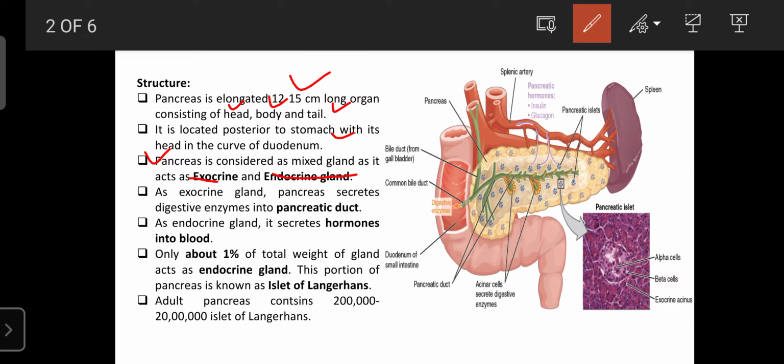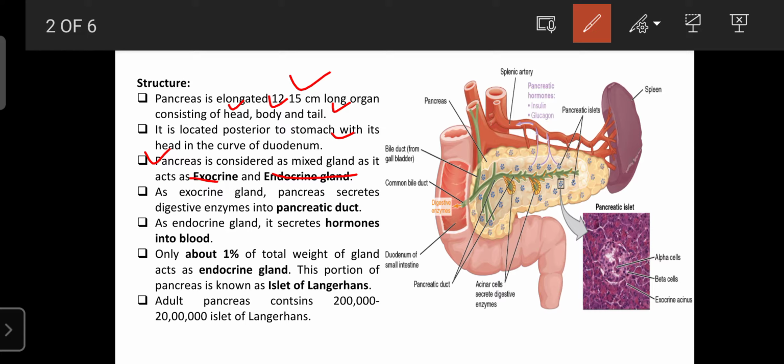For example, the exocrine part secretes pancreatic amylase, bicarbonate, dipeptidase, tripeptidase, trehalase, and pancreatic lipase. These are the digestive enzymes, and they are secreted into the duodenum.